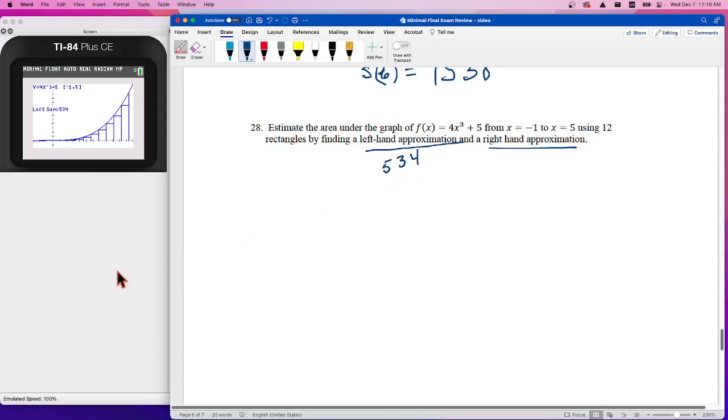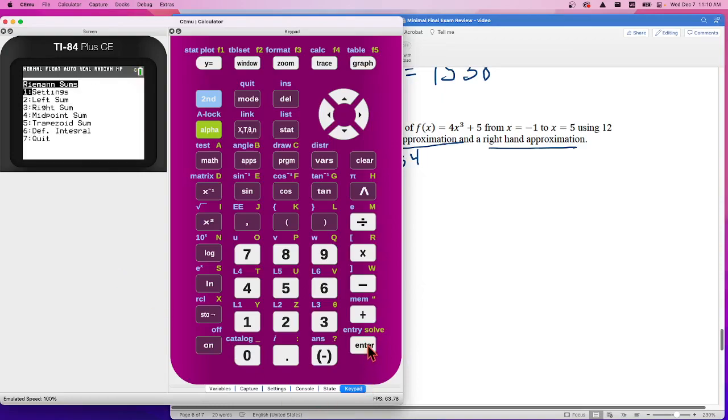We want to get the right-hand one. We hit enter, and then we could get the right sum. Again, it draws it there, and we see that we're getting the right intervals, and you can see the last one's going to be there, 786.